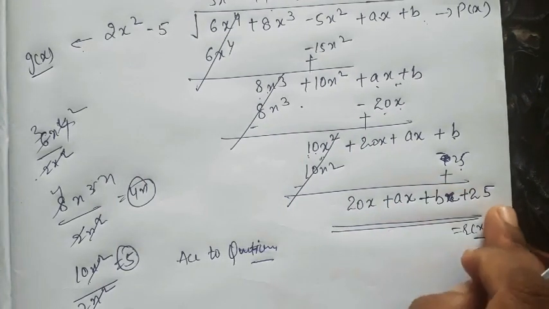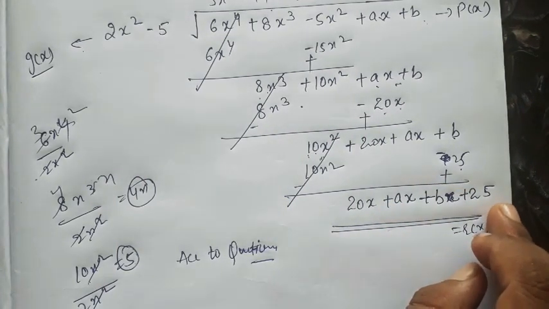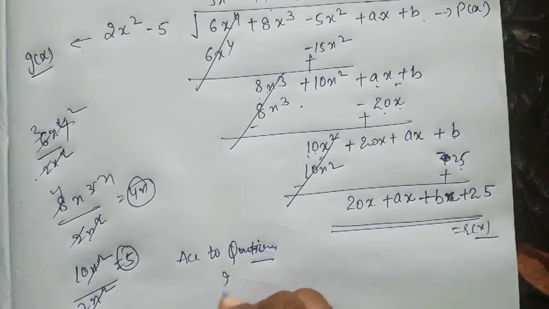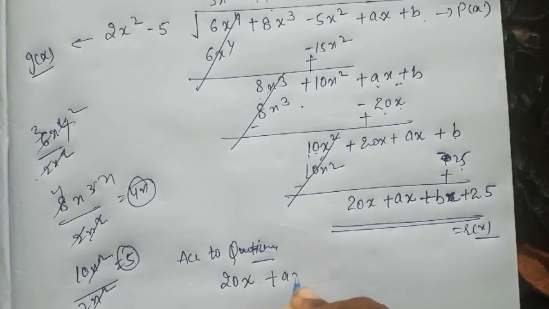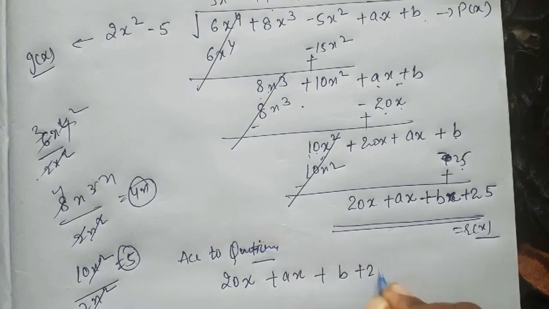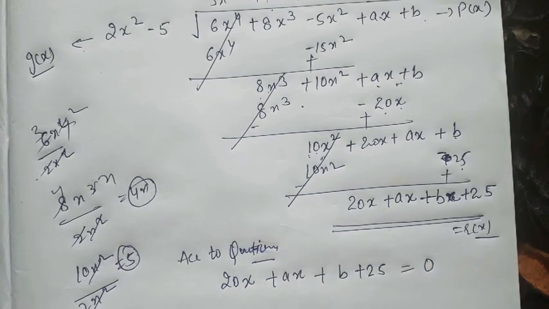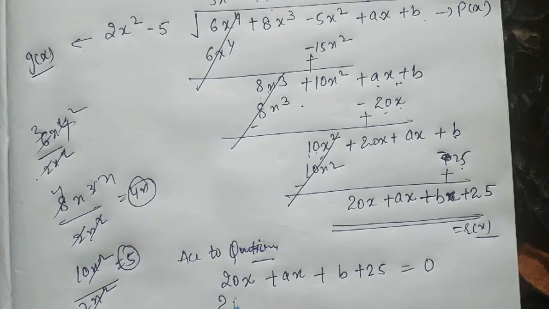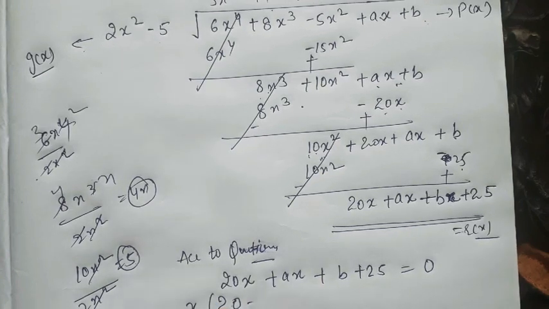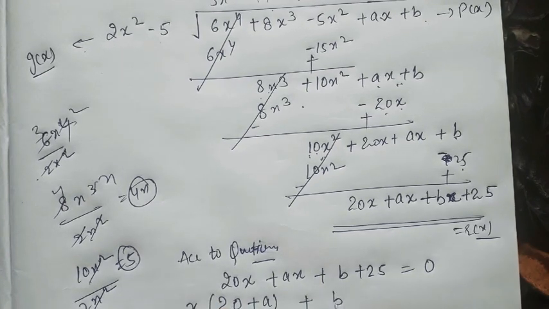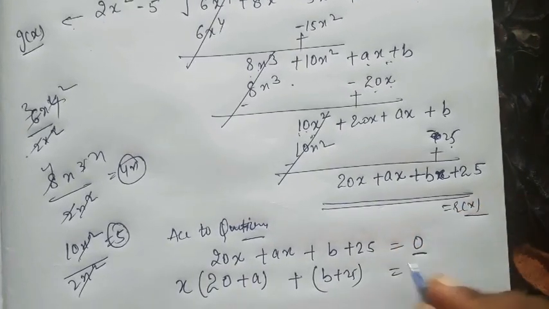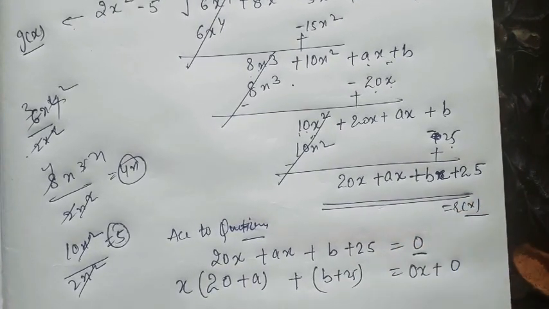So we can equate it to 0, that is 20x plus ax plus b plus 25 is equal to 0. We can take x common, we are left with 20 plus a, and here b plus 25 is the constant. We can write this 0 in polynomial form, that is 0x plus 0.